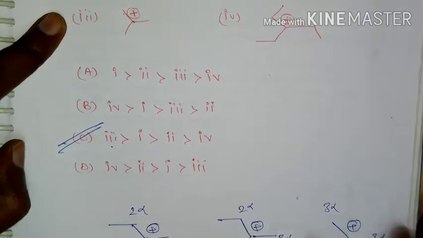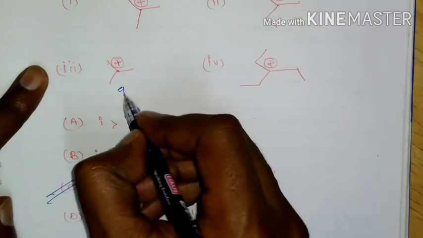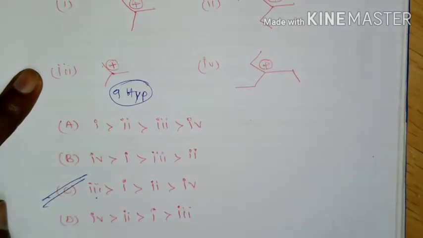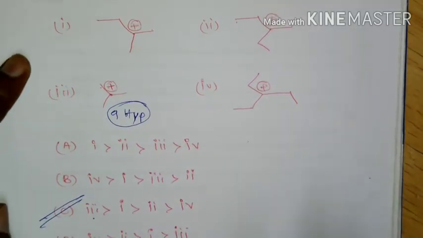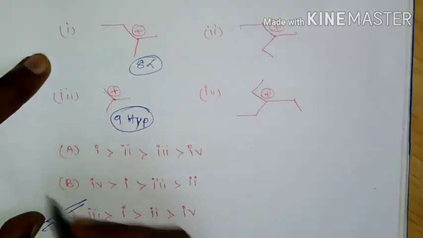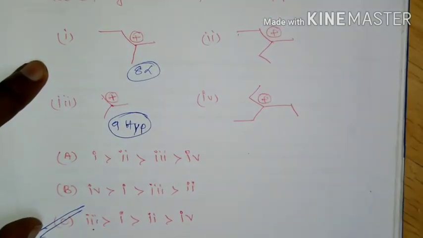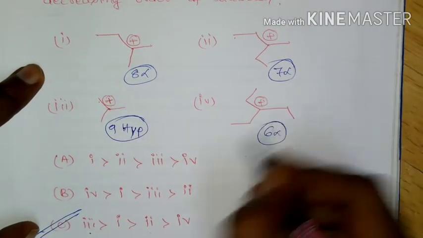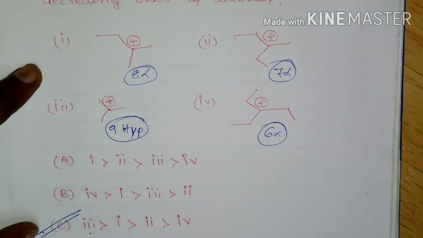So this is more stable because it is having 9 hyperconjugating structures. And if you come for the first one, it is having 8 alpha hydrogens, so it is going to have 8 hyperconjugating structures. And the second one is having 7 alpha, and this is 6 alpha. So this is the decreasing order of stability.